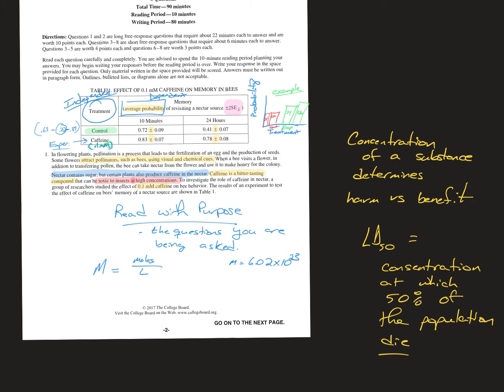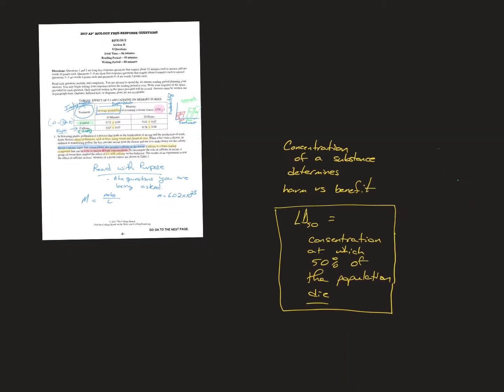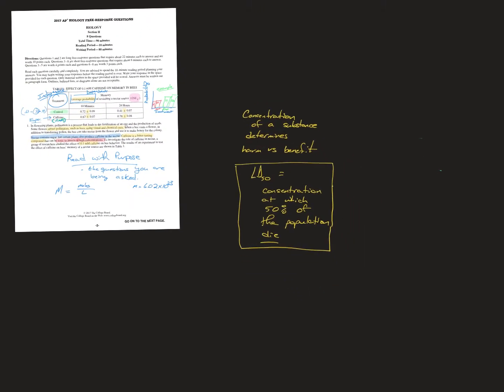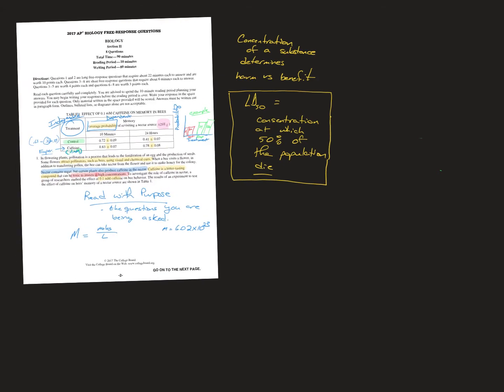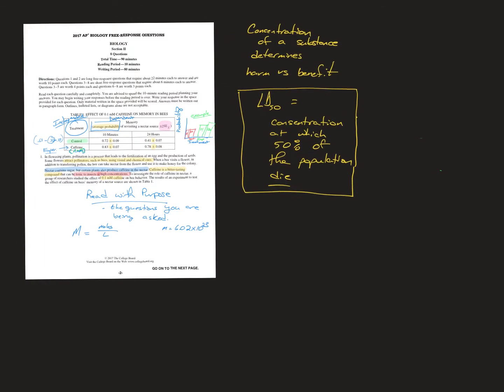So you can calculate the LD50 for any chemical. Sugar, for instance, could kill you at a high enough concentration. Theoretically, water could kill you. It would be difficult, but water could kill you at a high enough concentration. So there is such a thing as this calculation of how we determine harm from benefit.